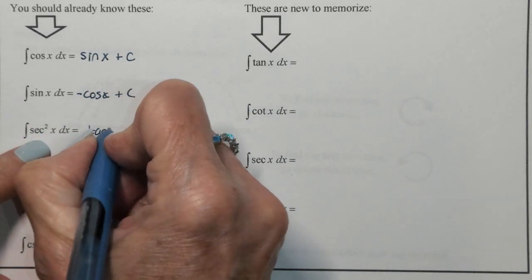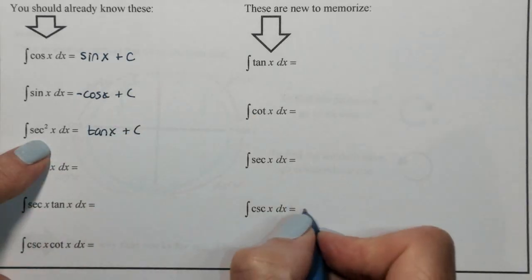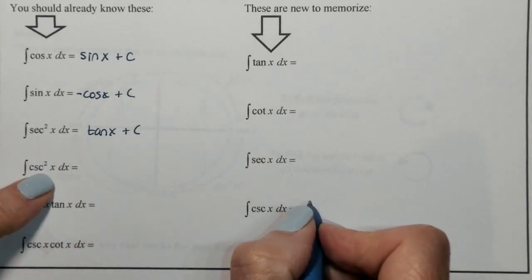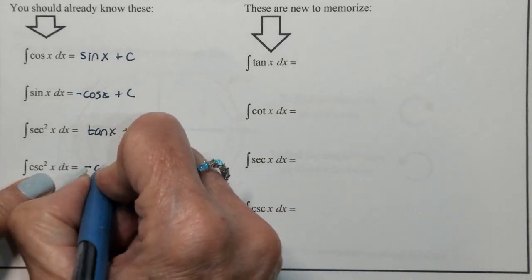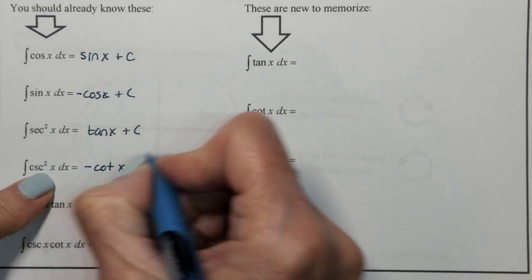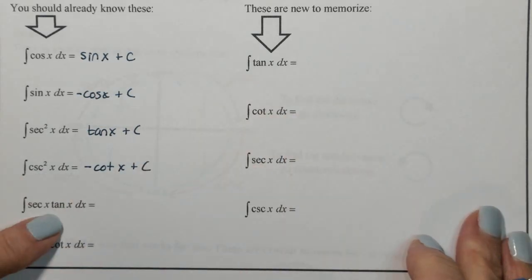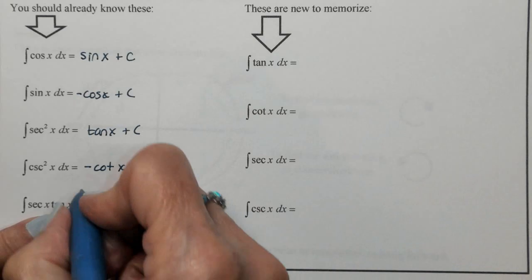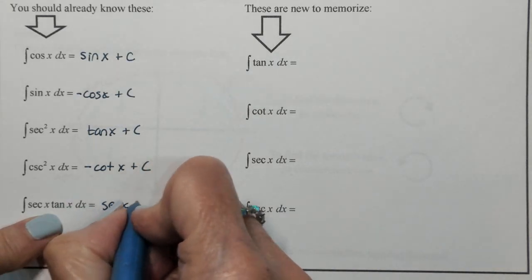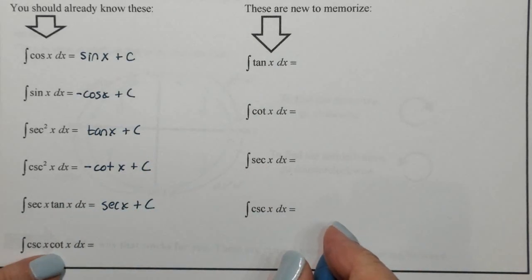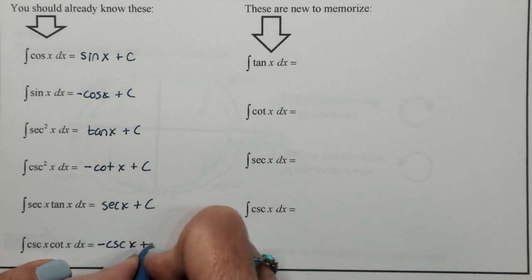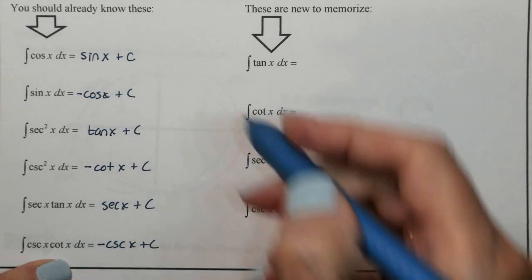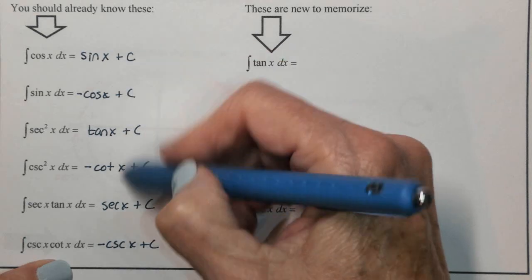The derivative of tangent is secant squared x, which means the antiderivative of cosecant squared is negative cotangent x. What function's derivative is secant x tangent x? Secant x, which means the antiderivative of cosecant x cotangent x is negative cosecant x. So those were the ones we already should know.